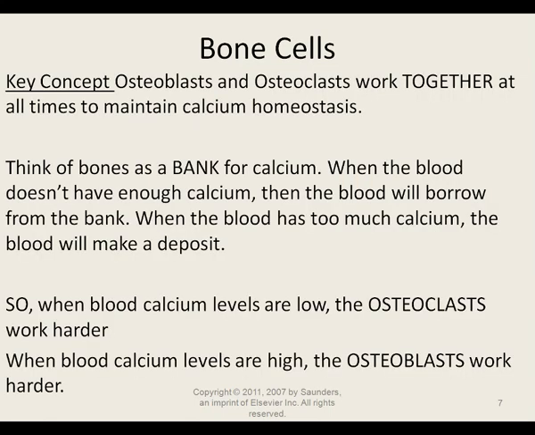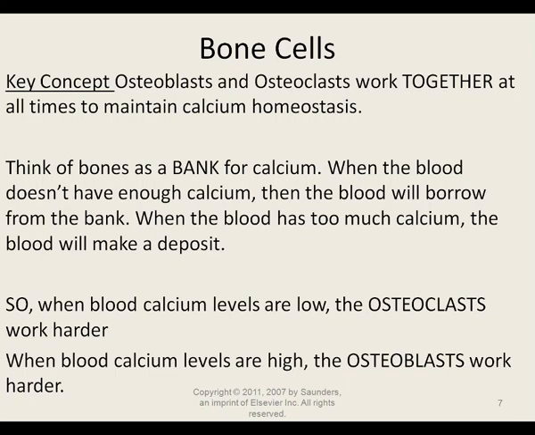Osteoblasts and osteoclasts work together, as we mentioned. You can think of bones as like a bank for calcium. So when you need money, you go to the bank to get money out. When you have extra money, you deposit it. It's the same thing with bones. When the blood doesn't have enough calcium in it, then the blood will borrow calcium from the bank.